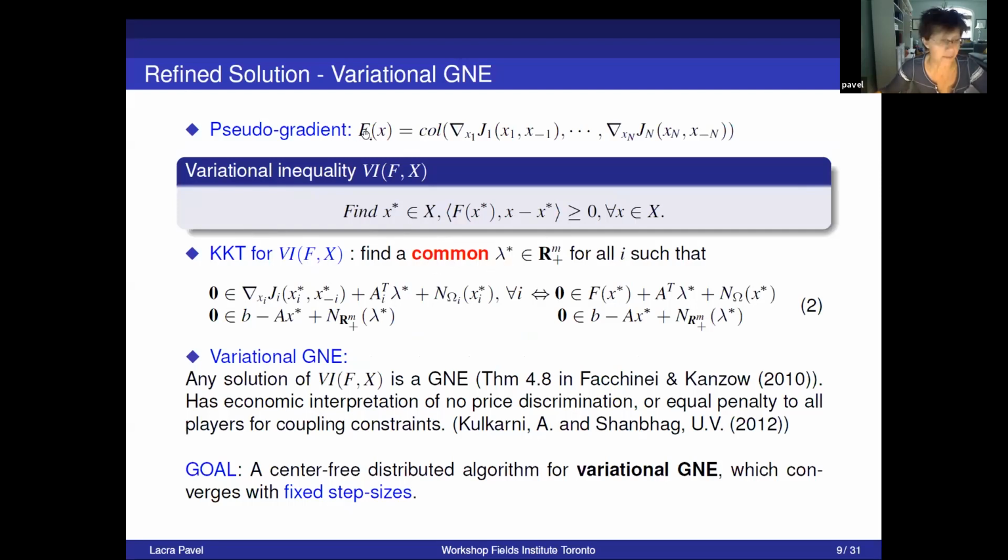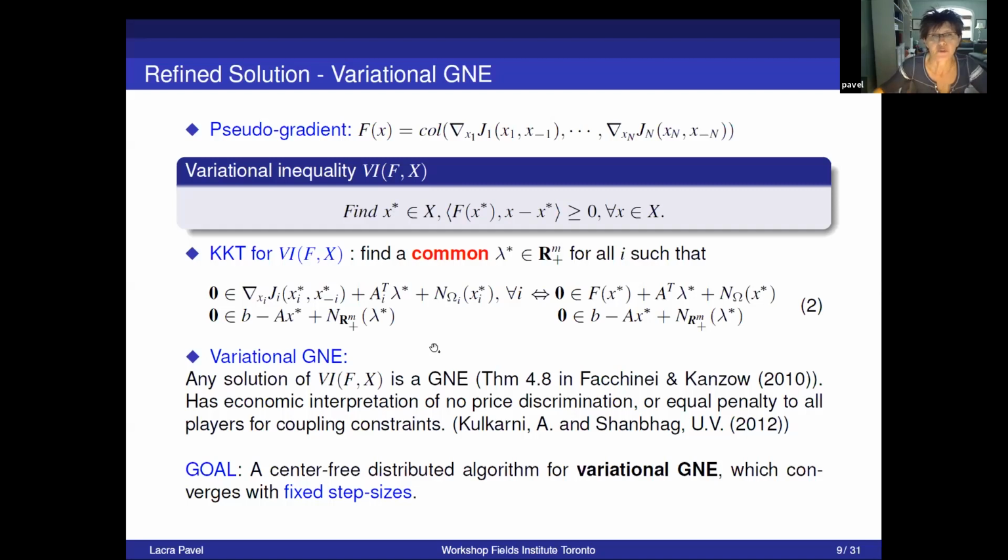And this is in terms of the same conditions as you see here to the left, but just having a single such common multiplier or shadow price. And this is essentially representing this variational GNE, which has been shown to have the economic interpretation of no price discrimination, or equal penalty to all of the players for using these coupling constraints.